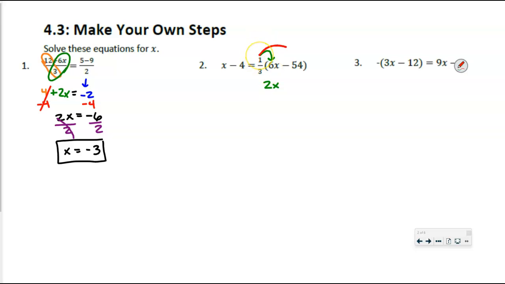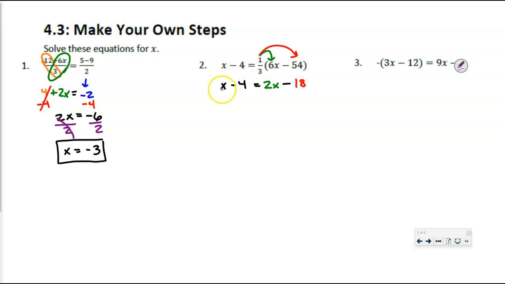And 1/3 of 54 is 18. Since I was subtracting in the parentheses, I'm going to continue subtracting when I am distributing. All of that is equal to x minus 4. And again, what was pretty intimidating has already been made much more simple.